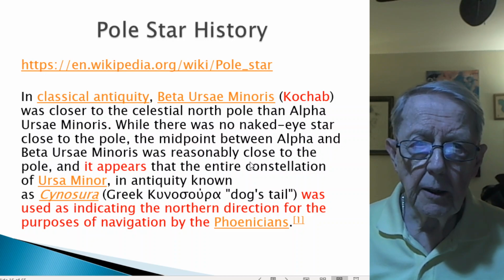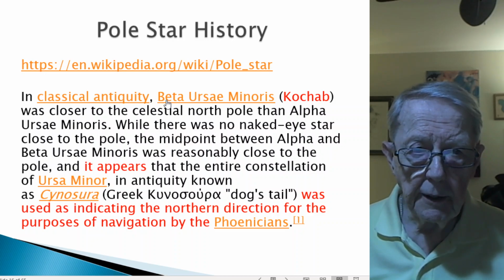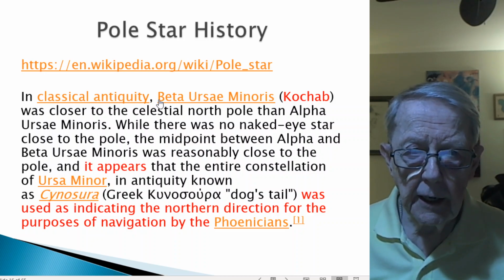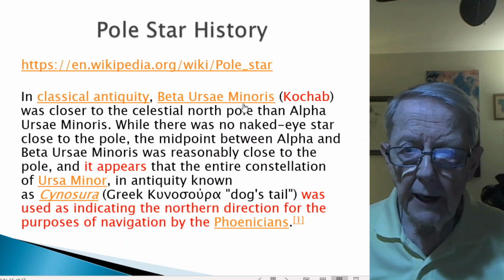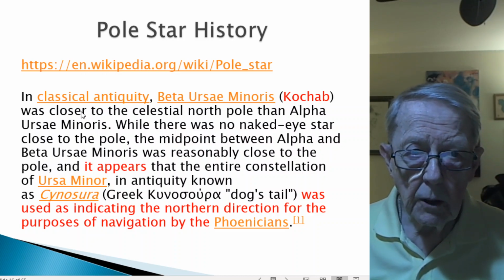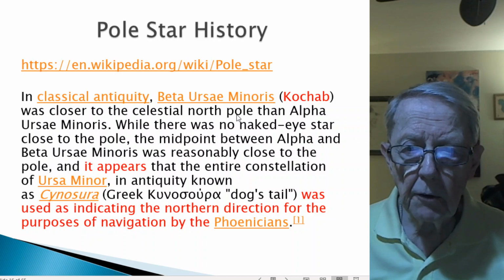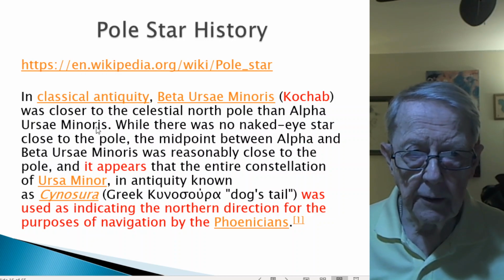Well, here's some pole star history from Wikipedia. In classical antiquity, Beta Ursae Minoris, Kochab, was closer to the celestial North Pole than Alpha Ursae Minoris.